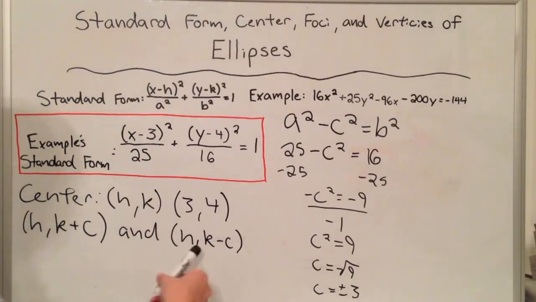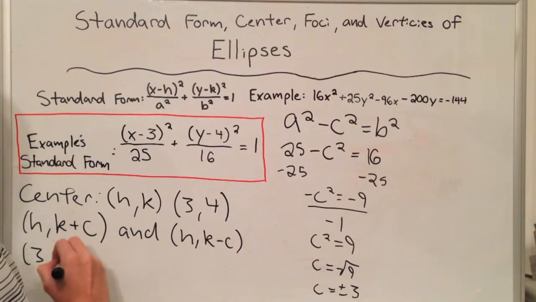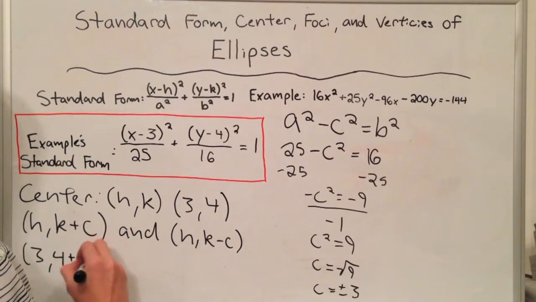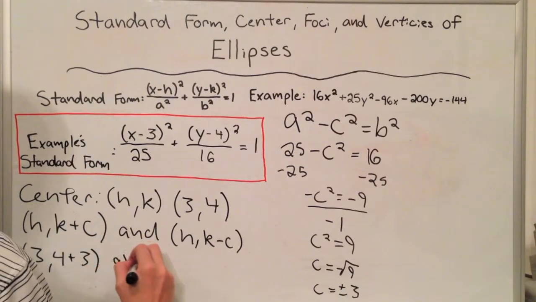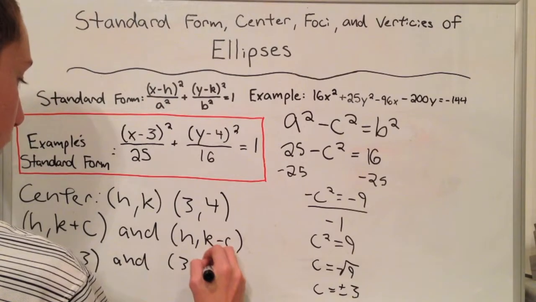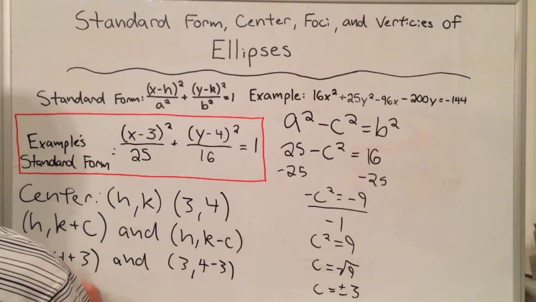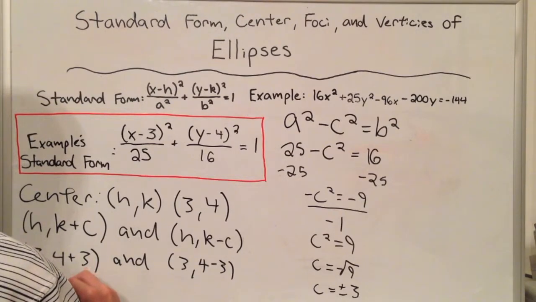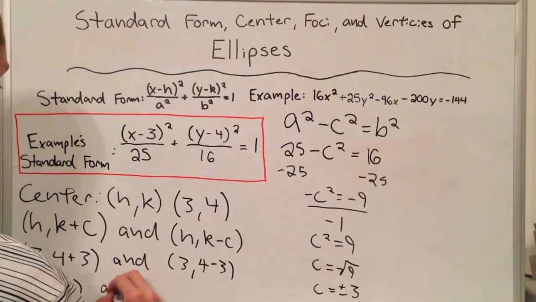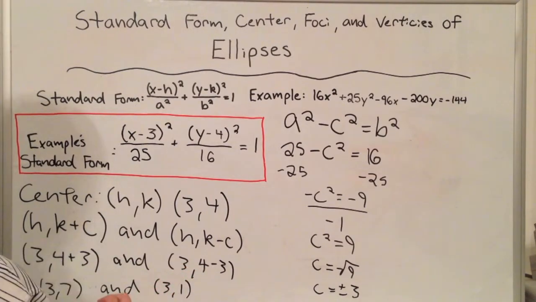So if we plug h, k, and c into both of these, we can find the foci points. So we get 3, 4 plus 3, and 3, 4 minus 3. So we get 3, 7, and 3, 1. These are our foci points.